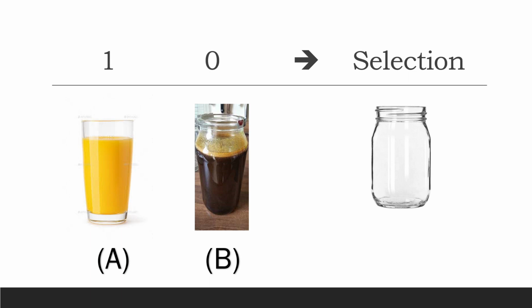As I said earlier in my previous video, it is not prepared freshly; you can consider it a kind of stale, old juice. So we'll consider A as a good juice and B as a bad juice. See, basically this is an analogy. This is not your full and final concept, and you are not going to write this in your exam. This is purely to make you understand the concept.